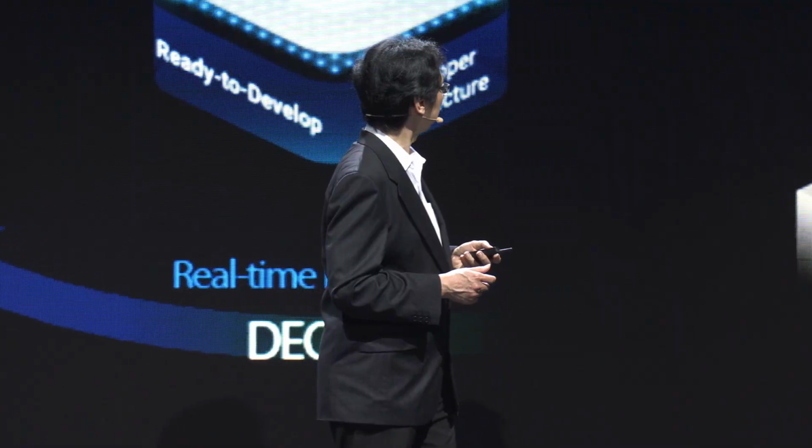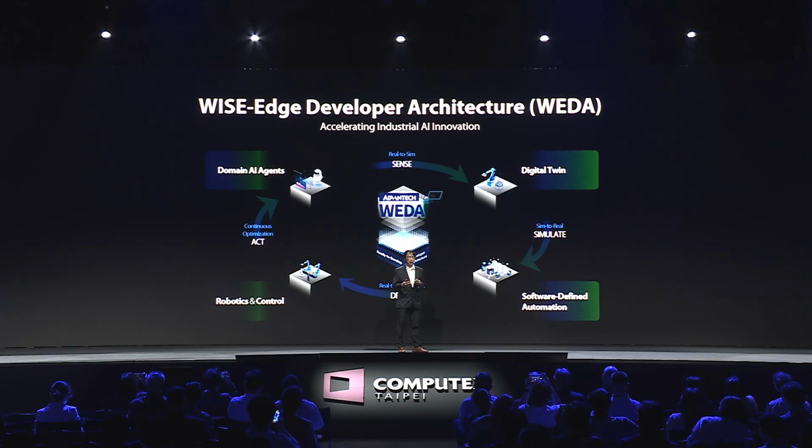What is WEDA? Actually, it's not a ready-to-use software package. It's more like NVIDIA CUDA or Google Map API. It's a set of development packages. Let me elaborate by walking you through the 4 key stages for building an industrial AI solution and how WEDA puts them all together.